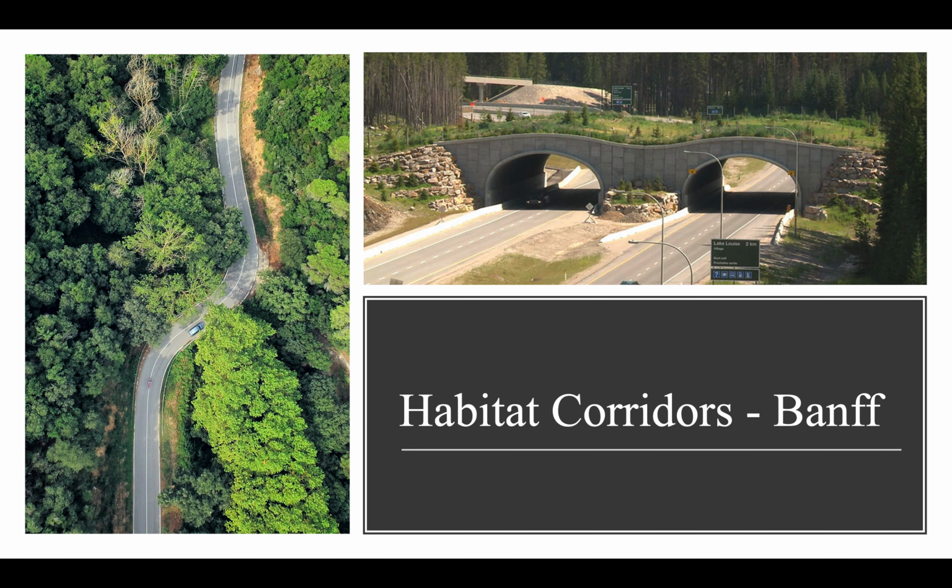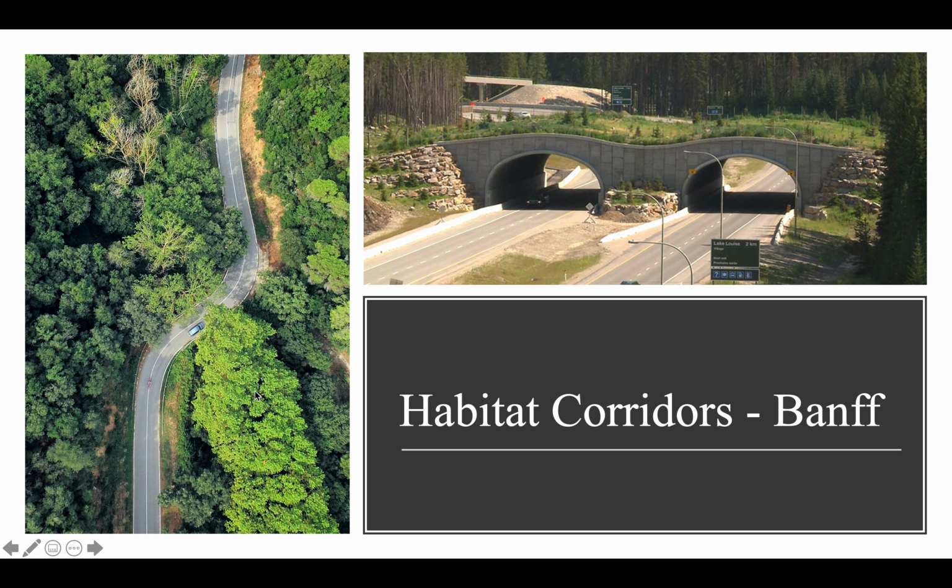Talking a little bit about habitat corridors, this was a solution that was put in place in Banff National Park. In Banff National Park, you may or may not have had the chance to visit, there is a highway that runs through to get to Banff from Calgary, and then it goes up through Jasper and then swings over towards Edmonton.